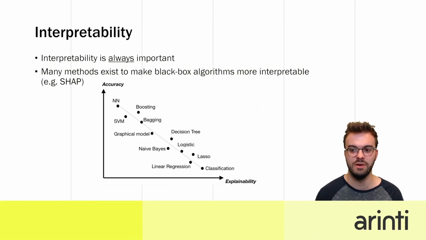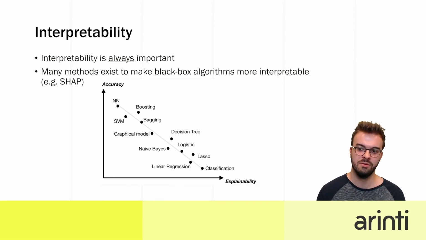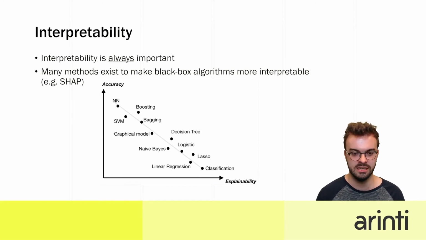Also, a good idea is always to change some inputs while keeping all of the other inputs constant, and then see what this does to your outcome variable, and this will give you a much better understanding of your model. This is not only to draw conclusions for the business, because the business usually is interested in how the model is working, but this will also make you feel more secure in your predictions, especially in high stakes situations when it's really important to understand what your model is doing.